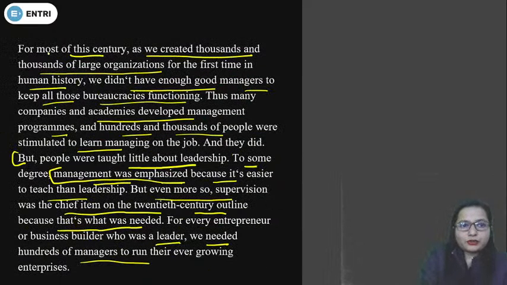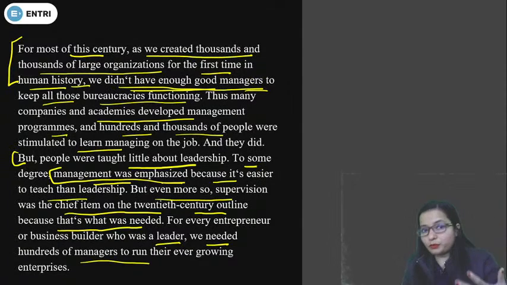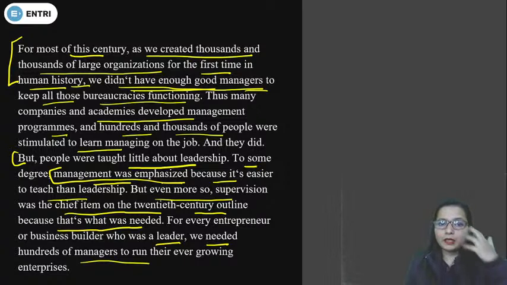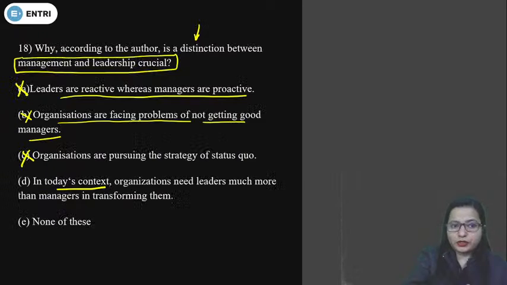As you can see here, for most of the century, we created thousands and thousands of large organizations for the first time in human history. We didn't have good enough managers to keep all those bureaucracies functioning. So actually, they need more and more managers. Organizations need leaders much more than managers in transforming them.